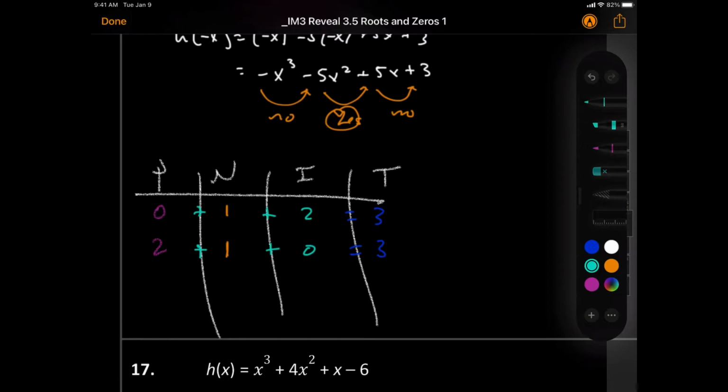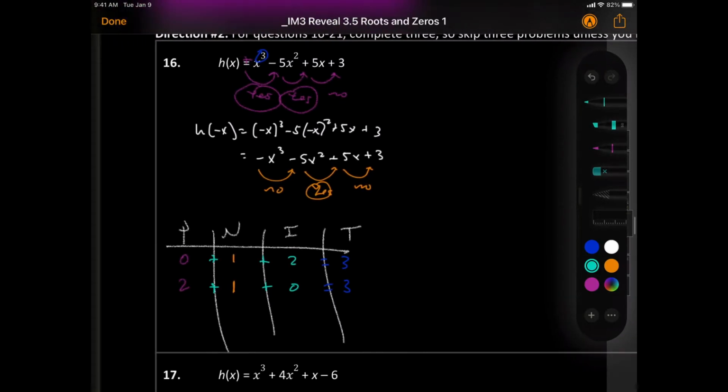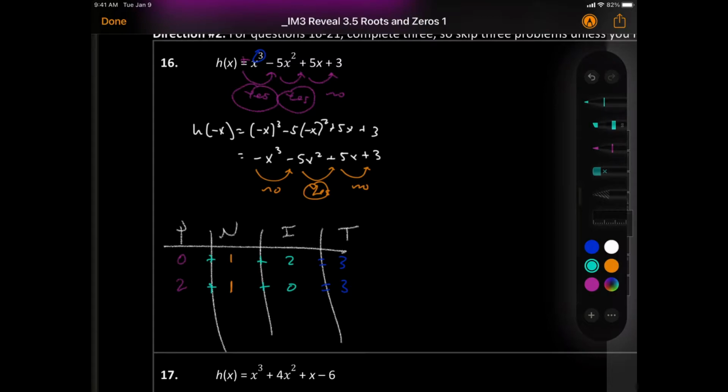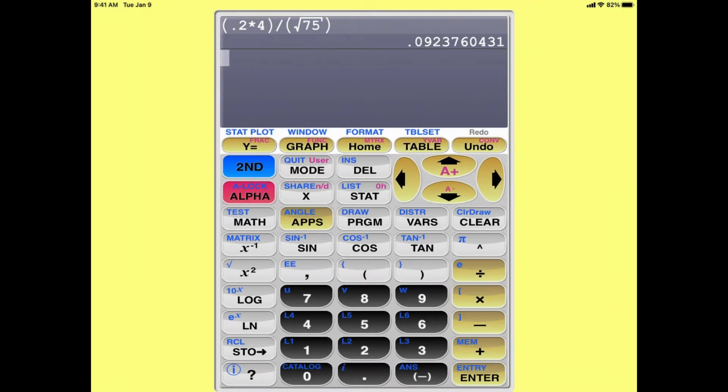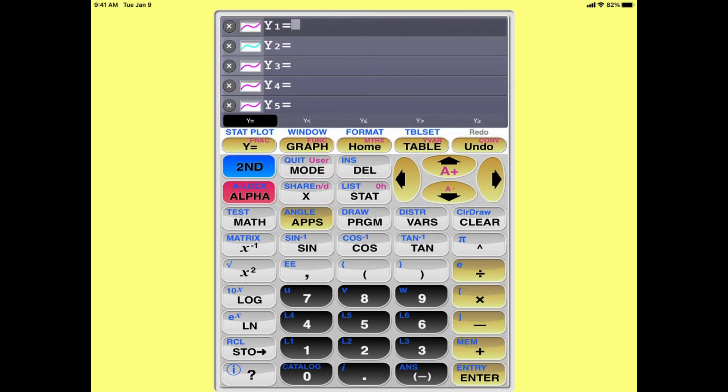Okay. Now we can use synthetic substitution to figure that out, or we can just put that in our graphing calculator. So let's go ahead and do that. Y equals, clear, x to the third minus 5x squared plus 5x plus 3. The math operations are to the far right.